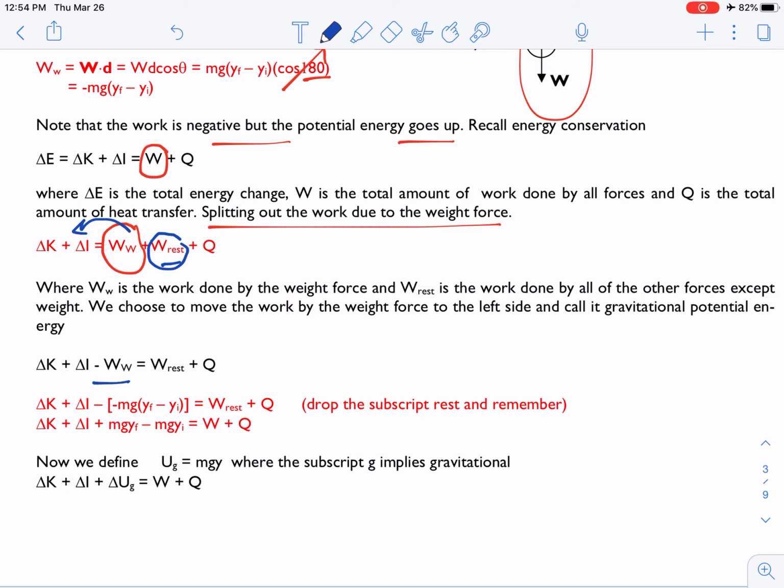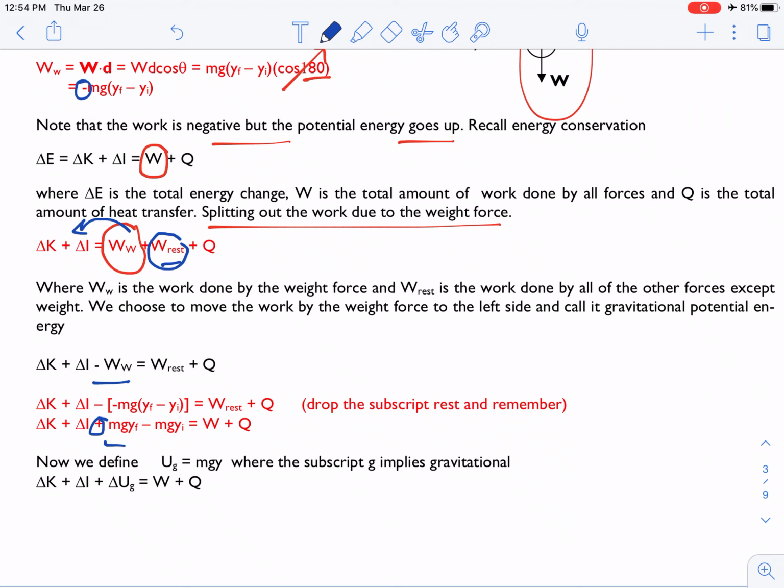It becomes negative, so there's a negative sign in front, but we already had a negative sign for that work, so putting those together it becomes positive. When you distribute it, you get mg y final minus mg y initial.